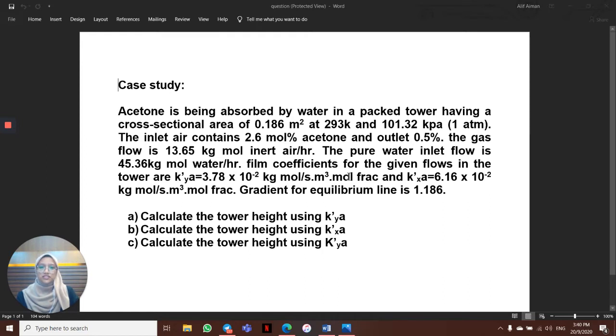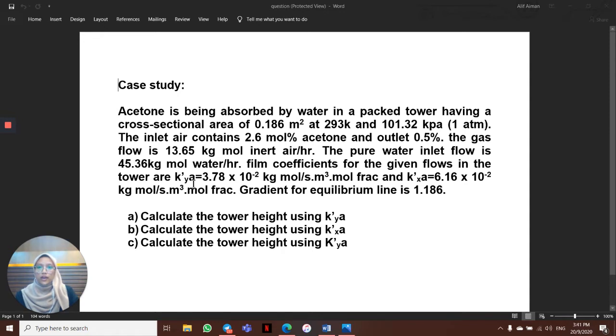Film coefficients for the given flows in the tower are K prime YA equals 3.78 times 10 power of negative 2 kg mole per second dot meter cube dot mole fraction, and K prime XA equals 6.16 times 10 power of negative 2 kg mole per second dot meter cube dot mole fraction.